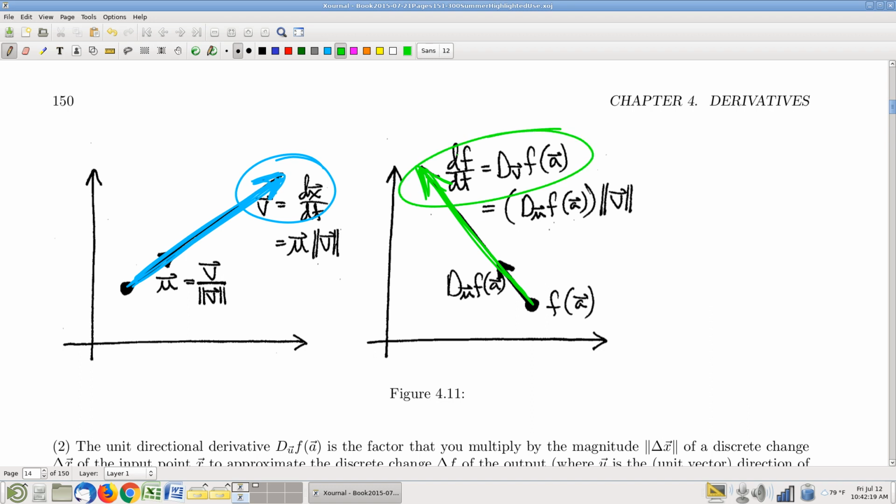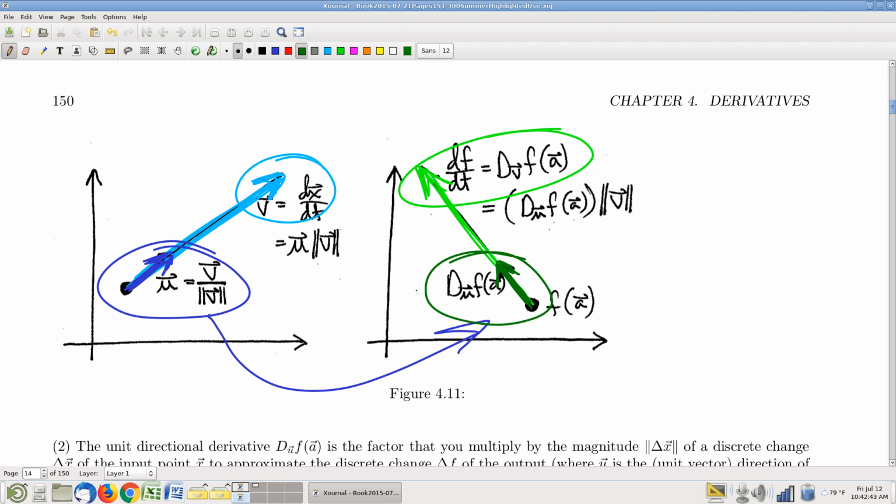The unit directional derivative point of view on how to take an input velocity and get an output velocity is to take that input velocity, unitize it, use that unit vector input to get a unit directional derivative, and then having computed your unit directional derivative, multiply by the speed to recover your actual directional derivative.